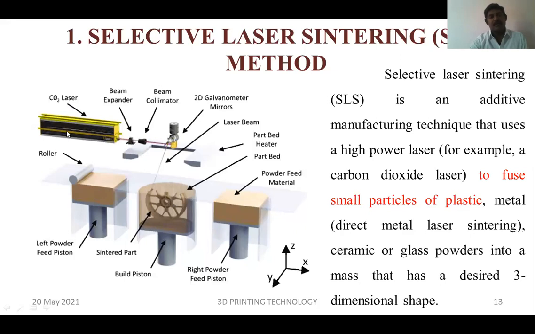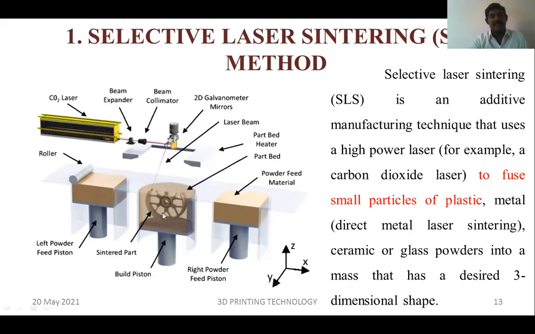So the CO2 laser beam will project the laser onto that particular second piston, and the third piston is the container full of powder. What is the powder? What is the material? It is a polymer, a nylon, and then polyamide and polycarbonate. So these are all the powder materials in this selective laser sintering method.